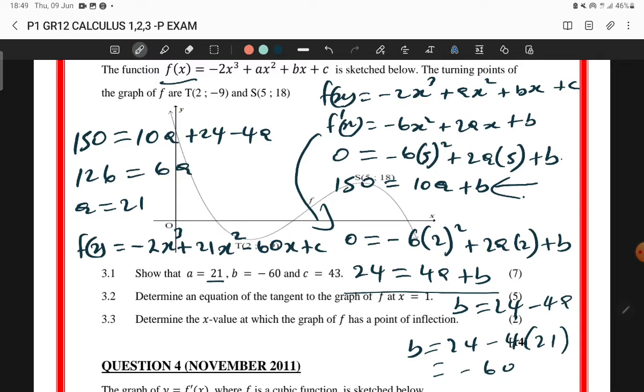So we are having this function now, and what we can do now, we are going to substitute using one of the coordinates. We either take the coordinates of S, which are these ones, or we take the coordinates of T, which are these ones, to find the value of c.